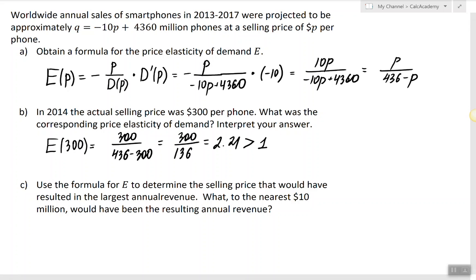Let's go ahead and answer the question in part C. Use the formula to determine the selling price that would have resulted in the largest annual revenue. So we know that the largest revenue will occur when the elasticity is equal to 1. So basically it says, first find the p-value that makes elasticity equal to 1. So for that we're going to set up and then solve the following equation.